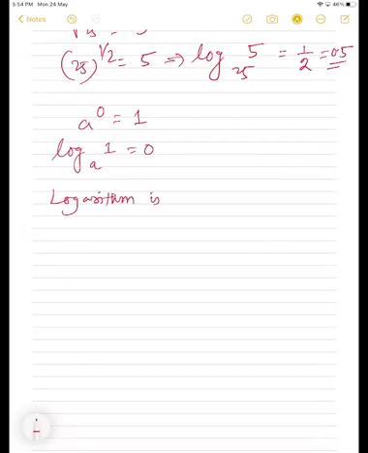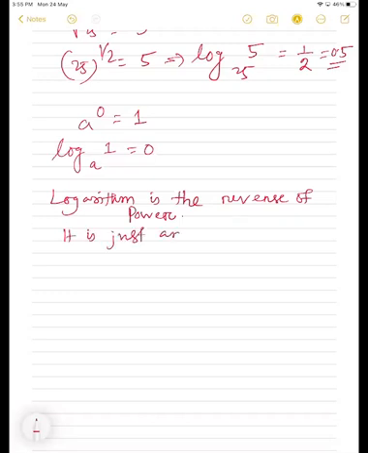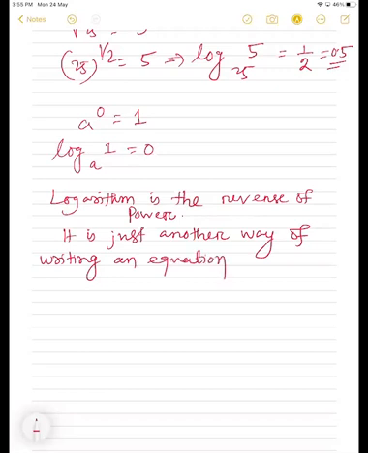Logarithm is the reverse of power. That means it is just another way of writing an equation involving an exponent.